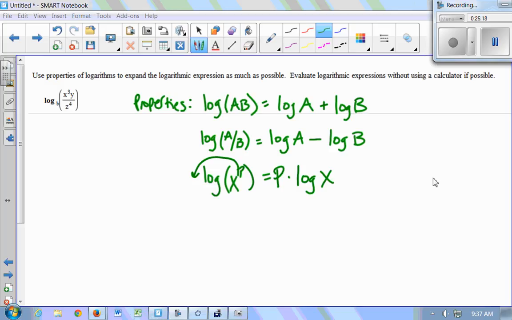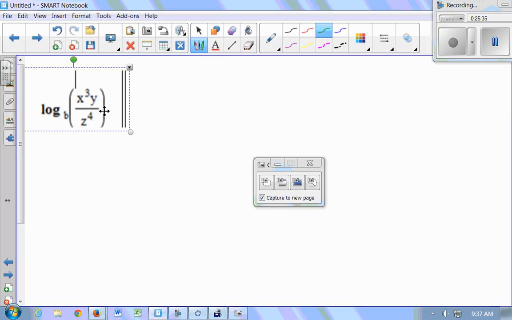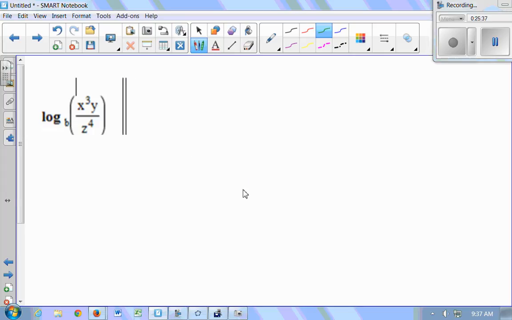So I'm going to have to apply all three of these, and my advice is to just do one at a time. Don't try to do all of these at once. So I'm going to put this on a new page so I have room. Okay, so the first thing that jumps out at me is the division.